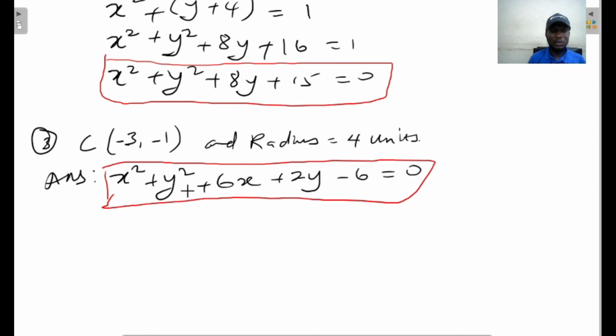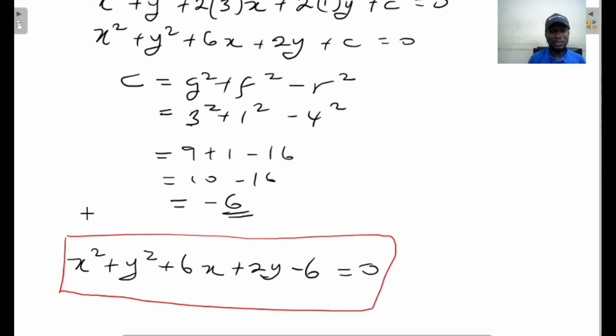We had x squared plus y squared plus 6x plus 2y minus 6 equal to 0. So that shows that it's the same for both of them.